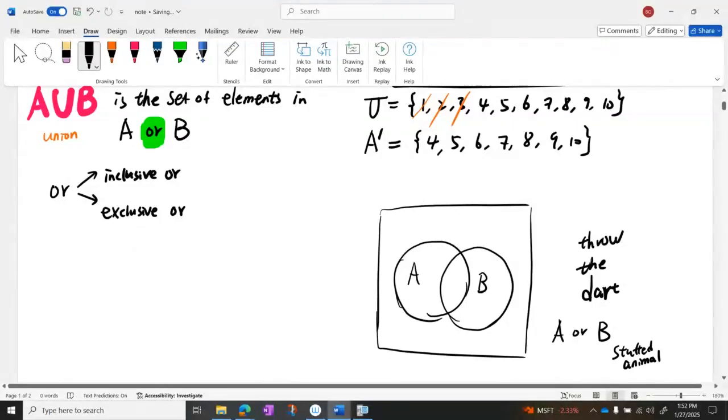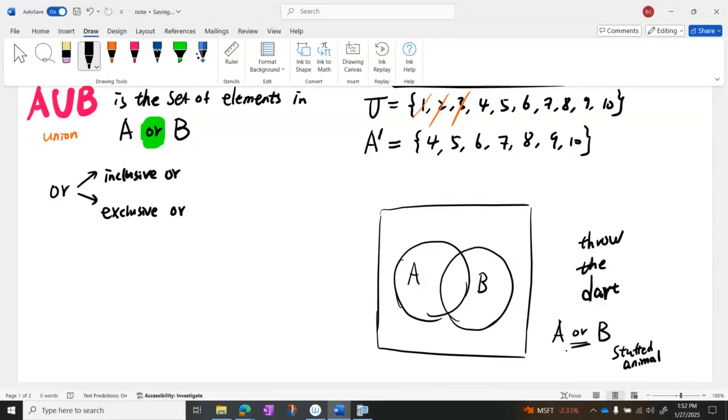So what do you think about OR here? Exclusive or inclusive? If the kid hits here, he gets the stuffed animal, right? If he hits this part, will he still get a stuffed animal? But what if he hits this part in the middle?